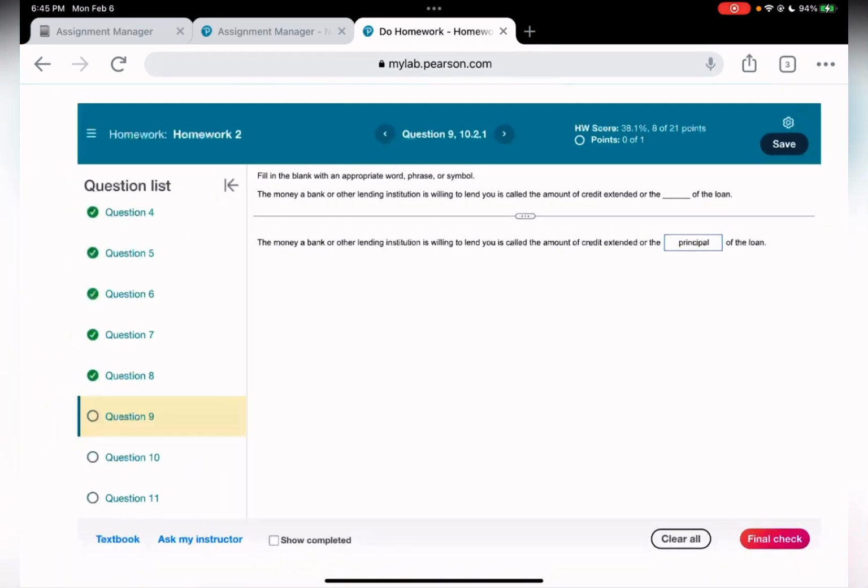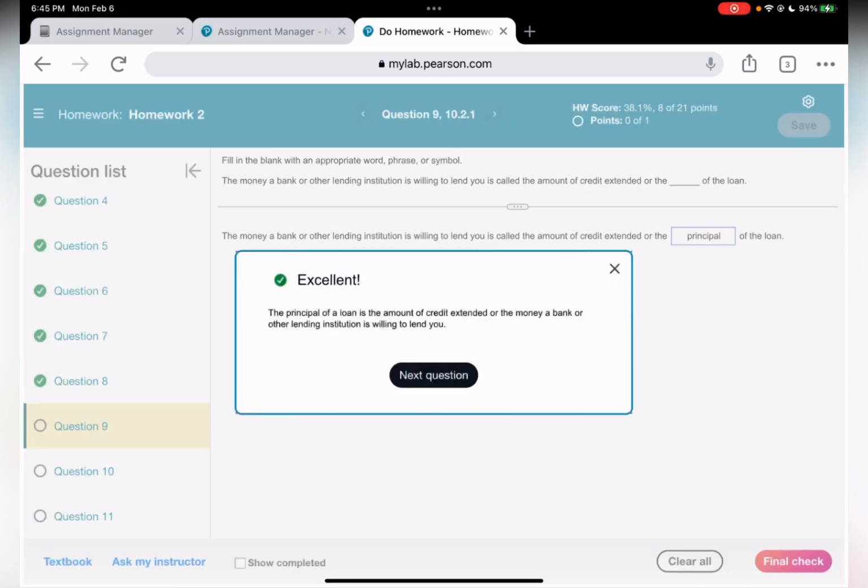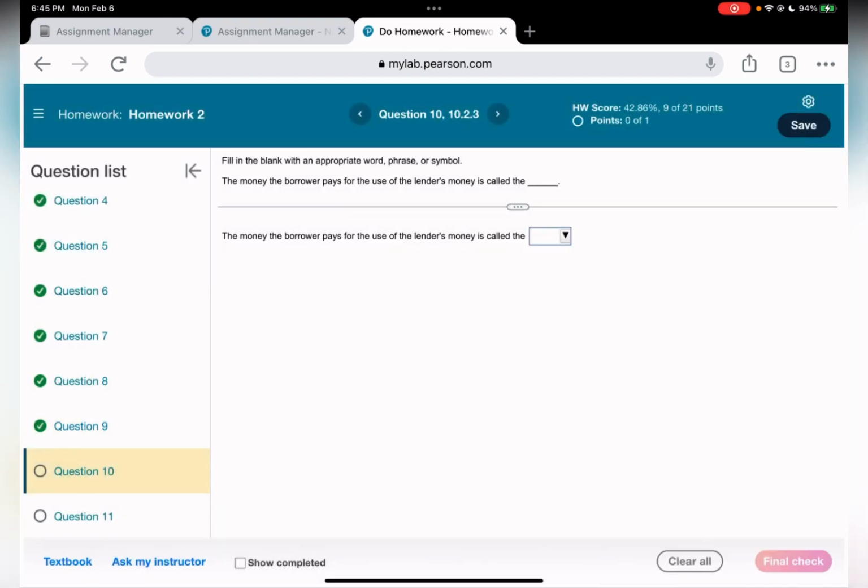Okay, the main money. Checking. Excellent. Moving to the next one. Number 10, the money the borrower pays for the use of the lender's money, we call interest, because we pay interest, right? We're borrowing money, we pay interest. That's the interest.